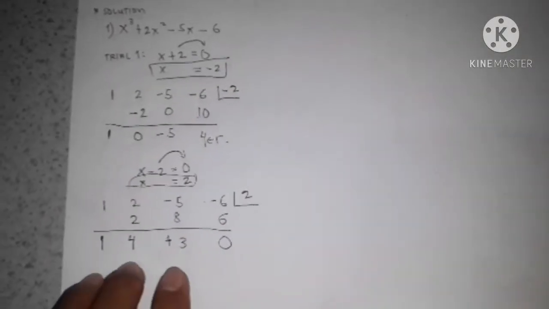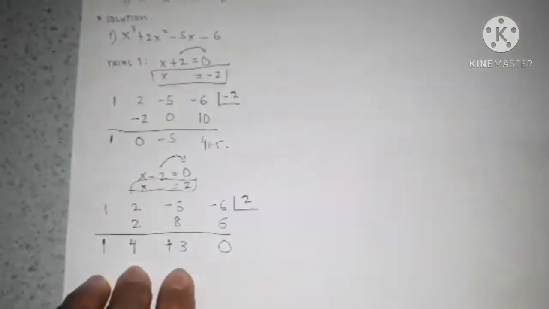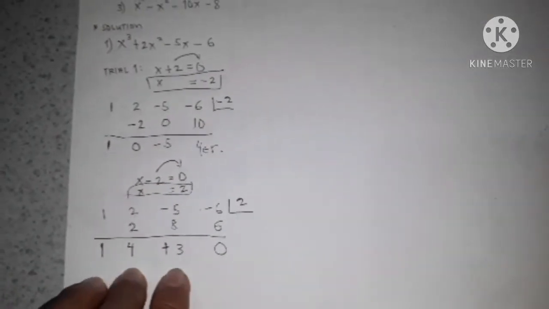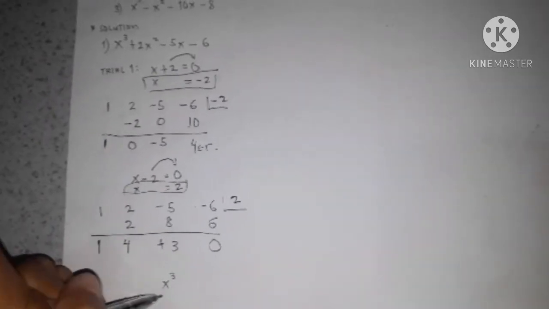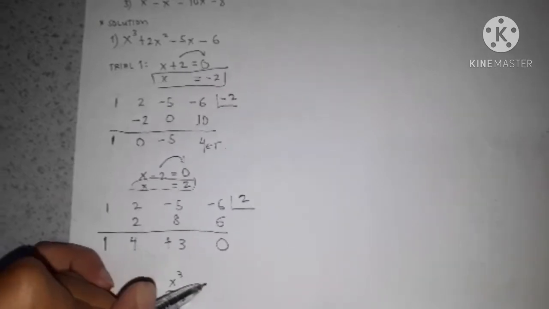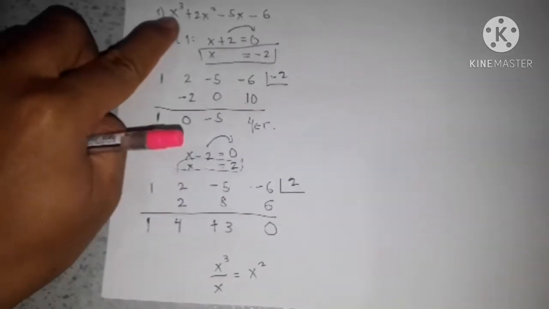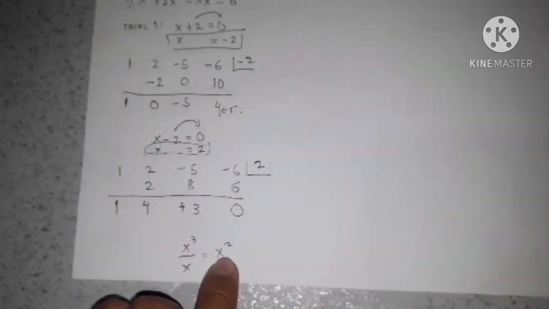ito yung numerical coefficients ng times ng first equation. So you have x cubed divided by x is equal to x squared. Ulit ha, that is x cubed divided by x. So yun ay equal to x squared.